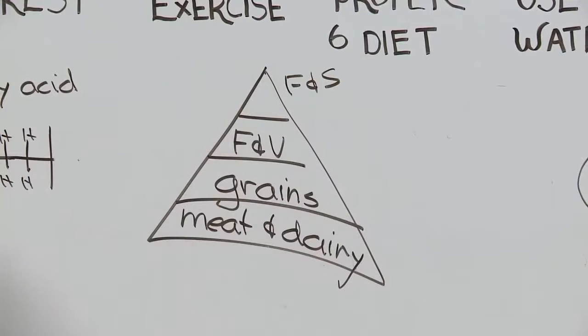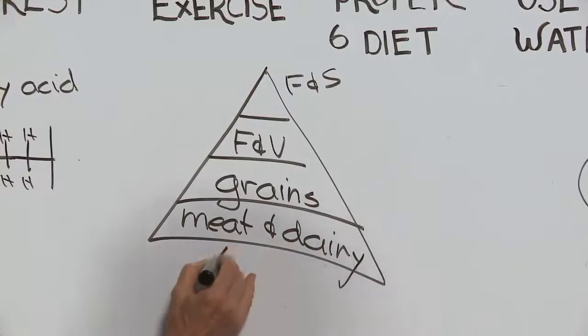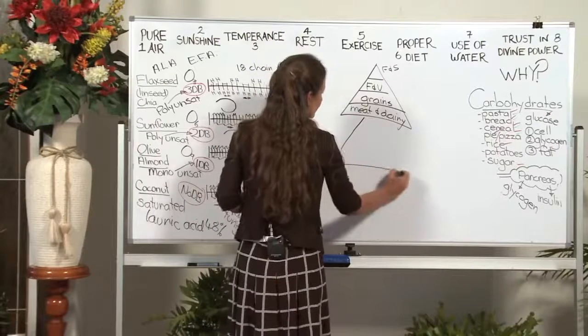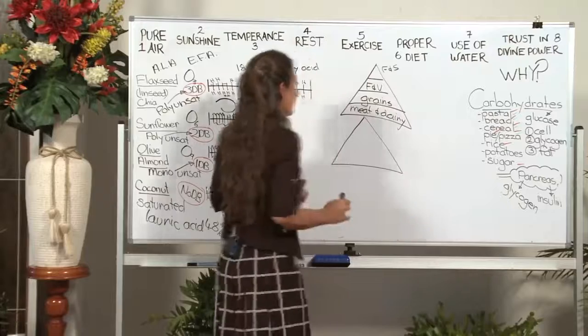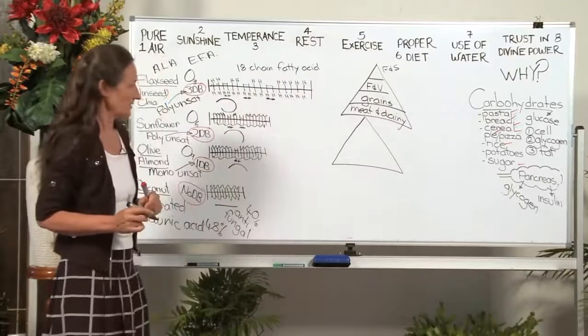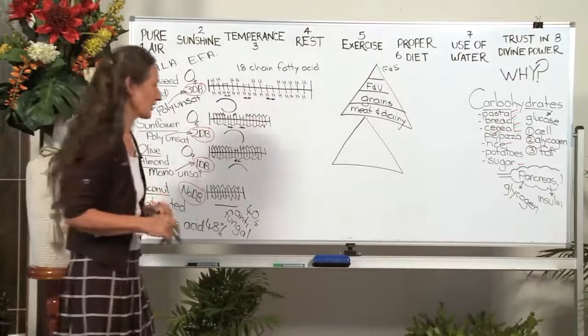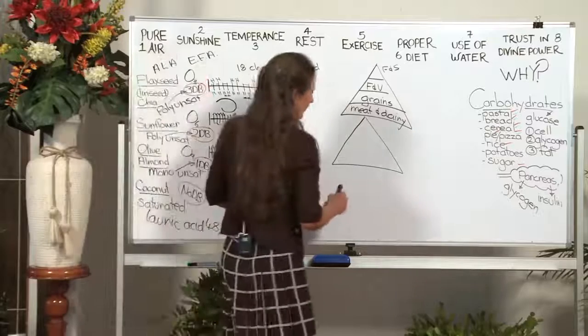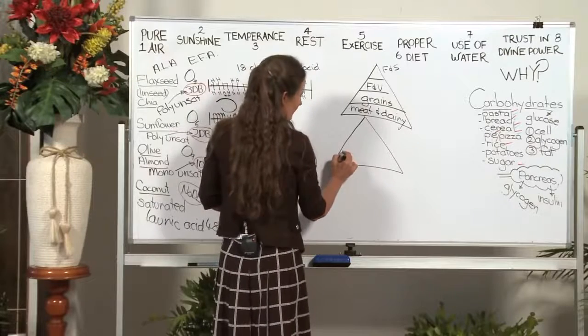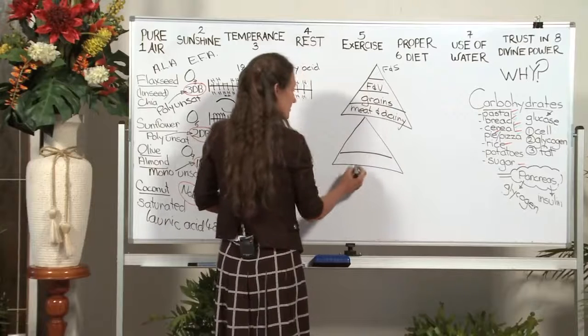In about the late 80s, early 90s, they changed the triangle because of heart disease and because of the belief of the high dairy products with their high saturated fats were clogging up the arteries. And so the triangle was changed.